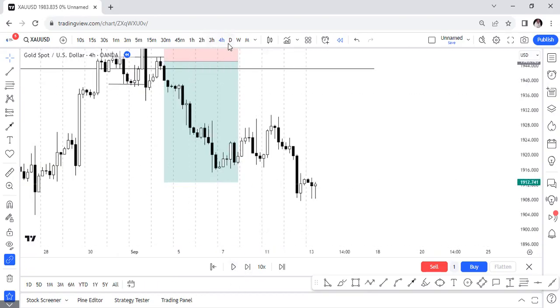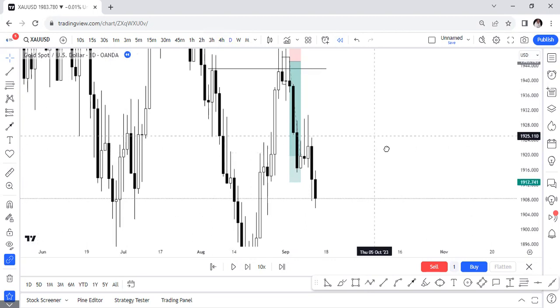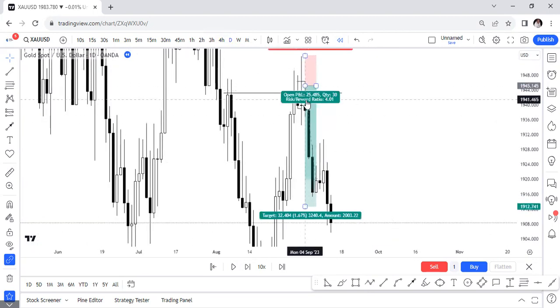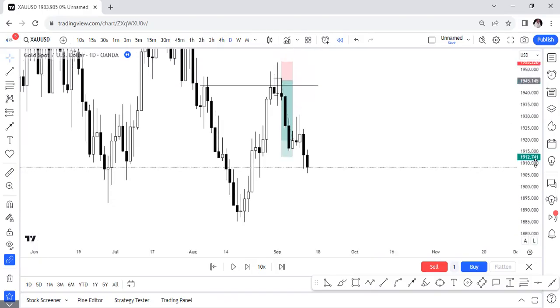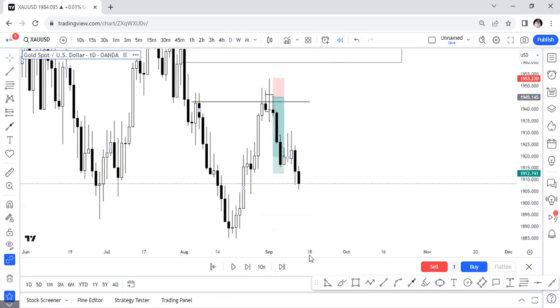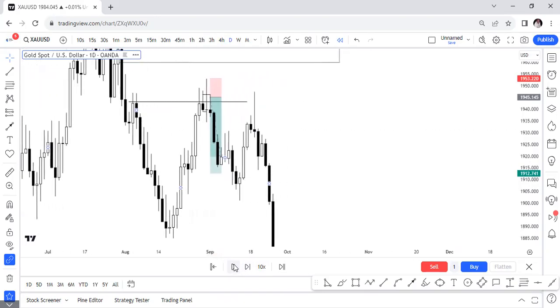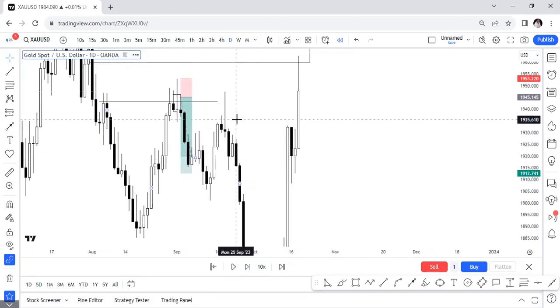Let's take it to daily. You can imagine in the higher time frame, we capture this. If you did not refine very well, you will not have seen this hidden base in the daily time frame. You'll have seen that because we refine it.